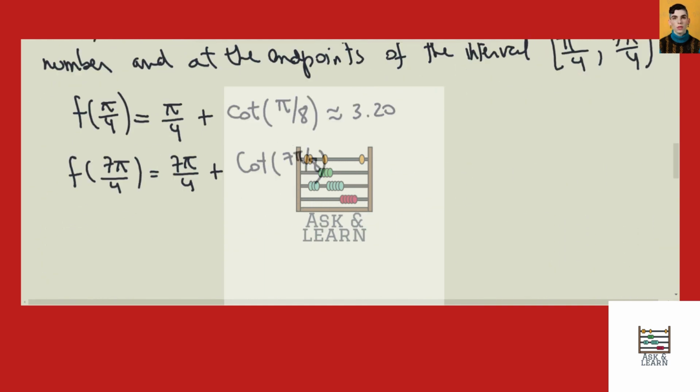So half of 7 pi fourth is 7 pi eighth. Using a calculator, we find approximately 3.08.